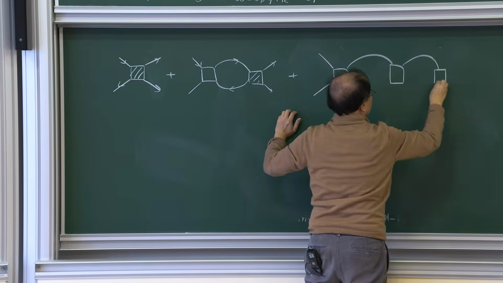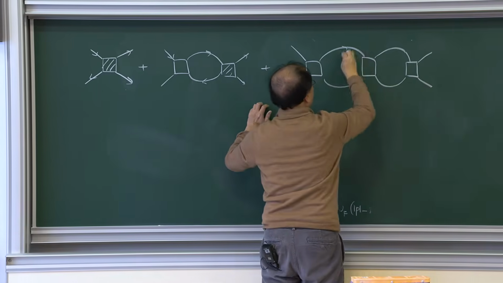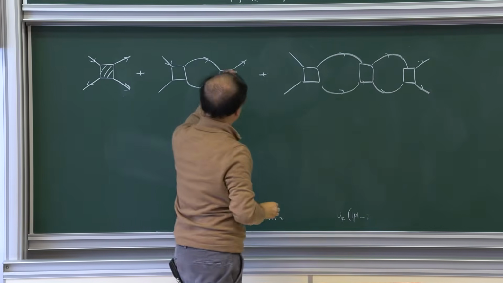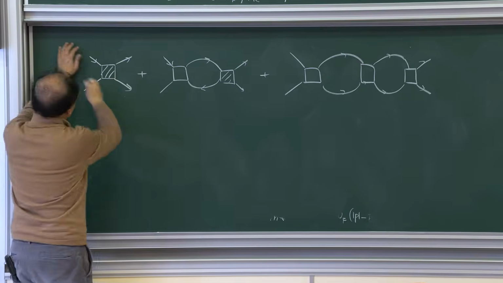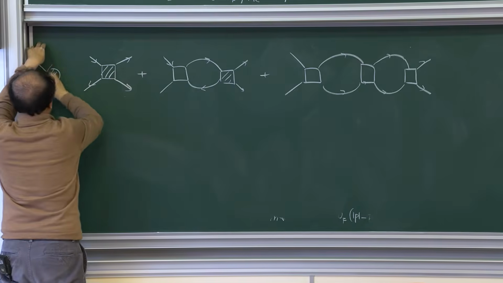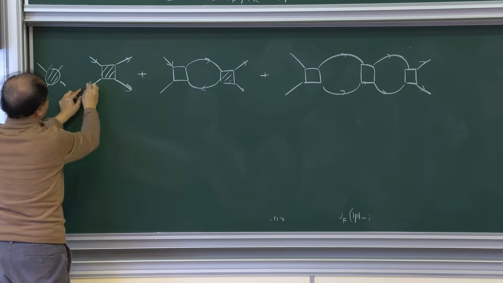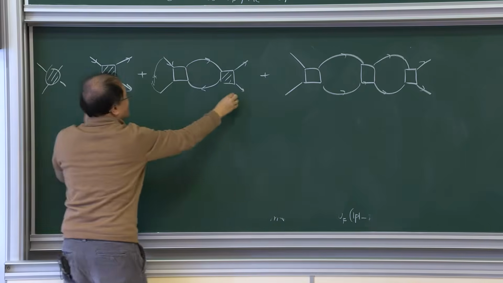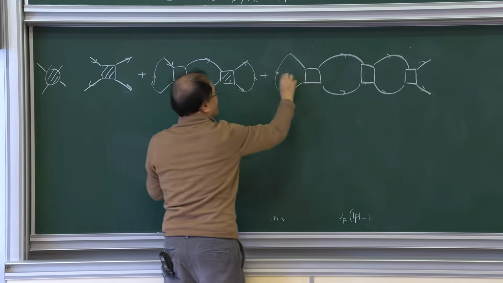So analyzing the Feynman diagrams, first one shows that one can organize the sum of all these contributions to the density.